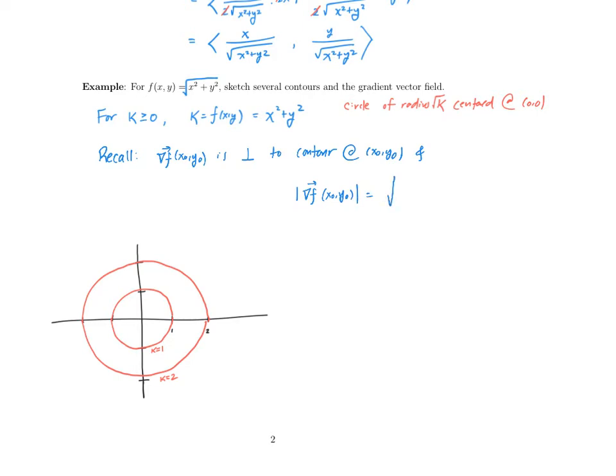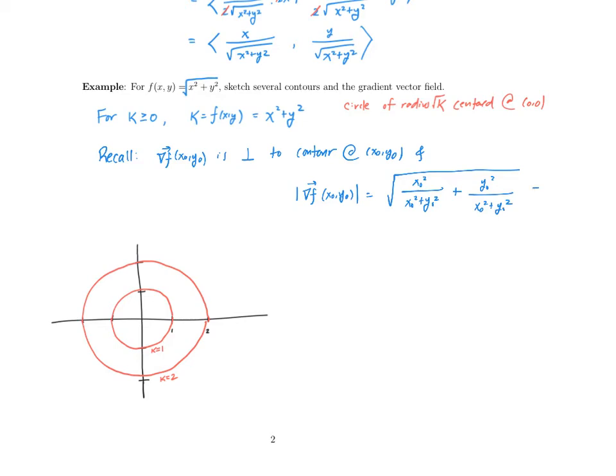Well, we recall that the length of a vector is the square root of the sum of the components squared. So it would be x naught squared over x naught squared plus y naught squared from the square of the first component, plus y naught squared over x naught squared plus y naught squared from the square of the second component.